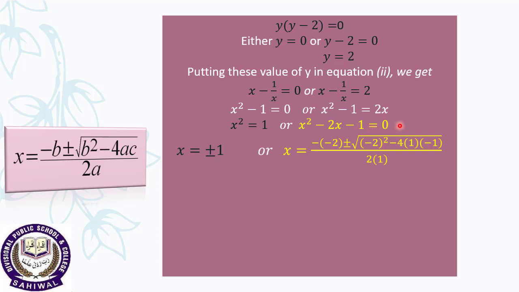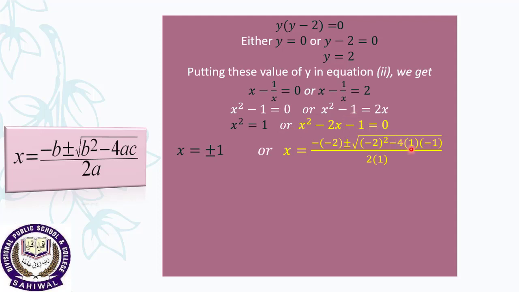x square minus 2x minus 1 equal to 0 cannot be factorized, so we apply the quadratic formula. That is, x is equal to minus b plus minus square root of b square minus 4ac over 2a. Here b is equal to minus 2, so we put minus b equal to minus times minus 2, plus minus square root of minus 2 square minus 4, the value of a is 1 and the value of c is minus 1.